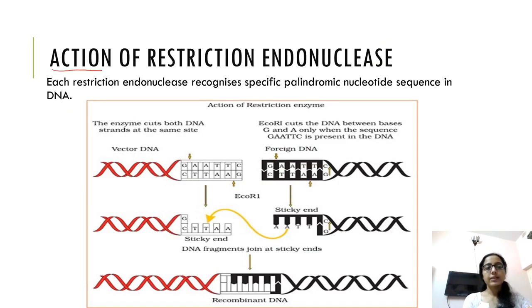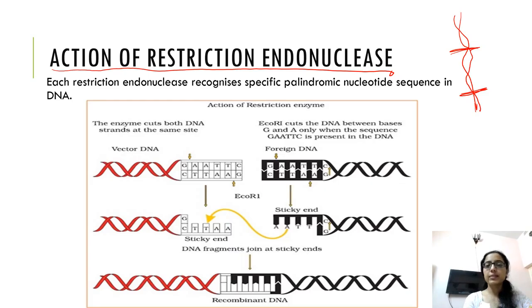Now let us understand the action of restriction endonuclease, which is more important, because to select a particular gene, it is always required to cut the DNA at a particular sequence, and that is always done by endonuclease. This is the vector DNA.